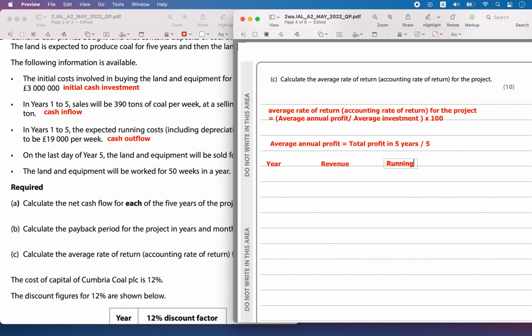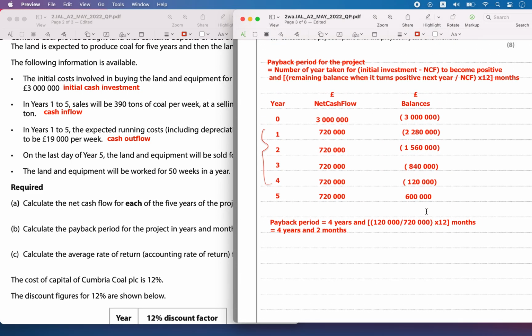So here you will write revenue and running cost. The running cost will include depreciation also, because the profit calculation is revenue minus running costs, which also has depreciation values. So profit is equal to sales revenue minus running costs.